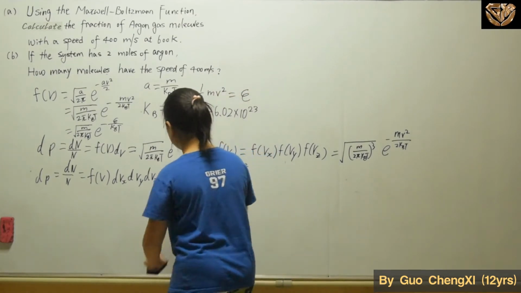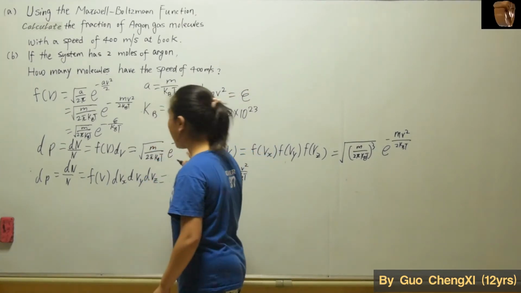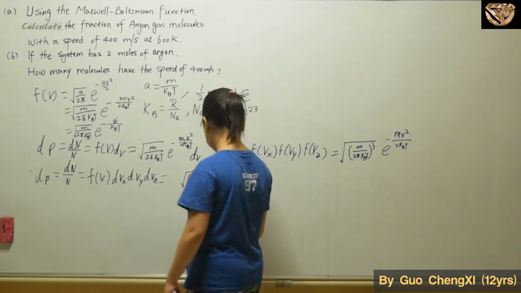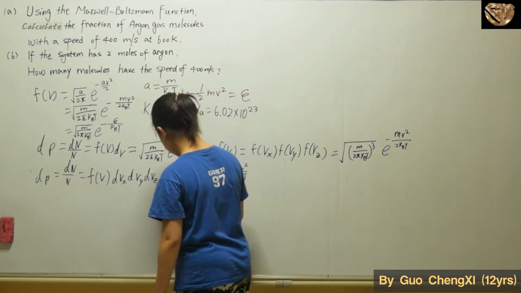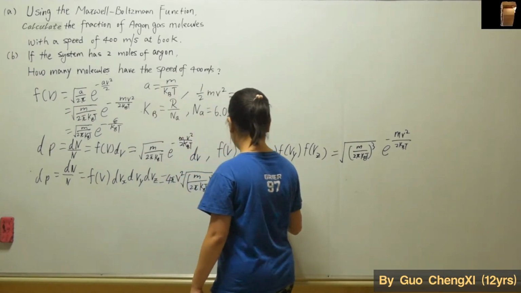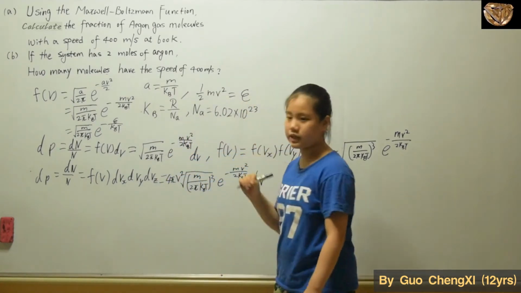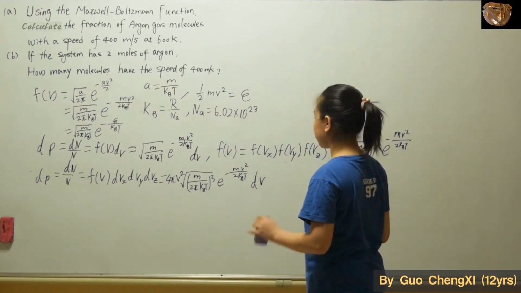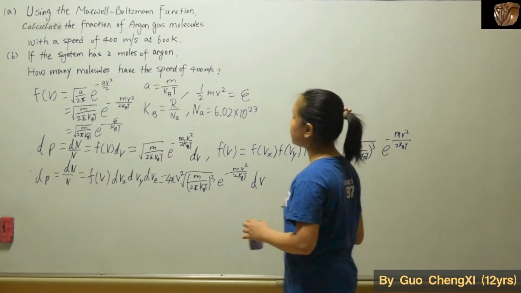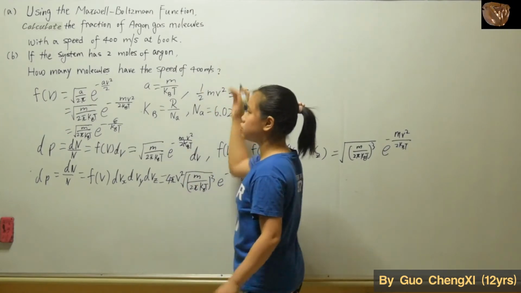So in order for it to become spherical coordinates, you have 4 pi v square. And it will become spherical coordinates and dv. Okay, alright.